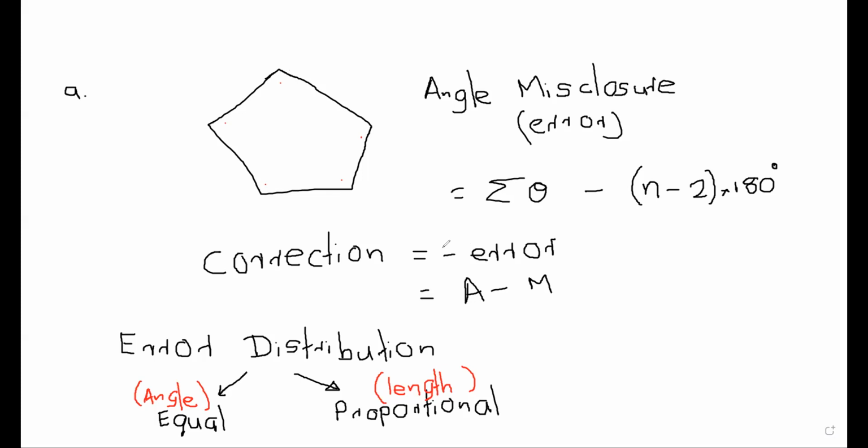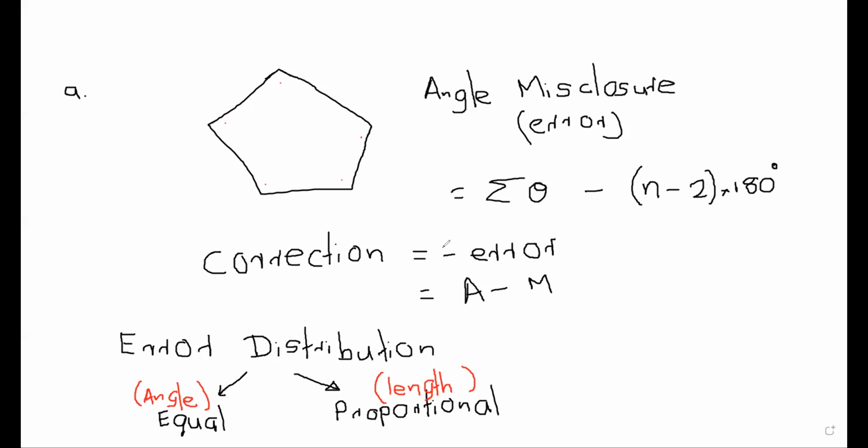So you find out the error and then the correction, or directly you can find the correction and distribute it among the individual members and correct the angles. That is your step 1.